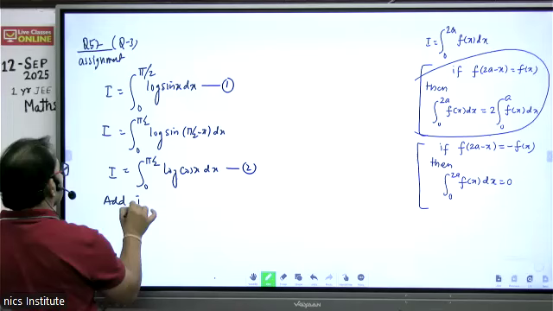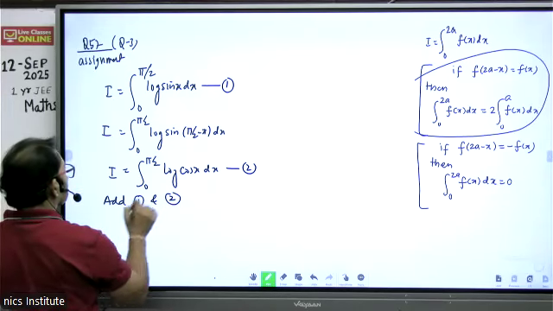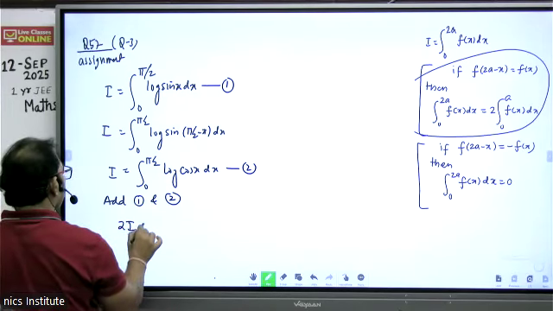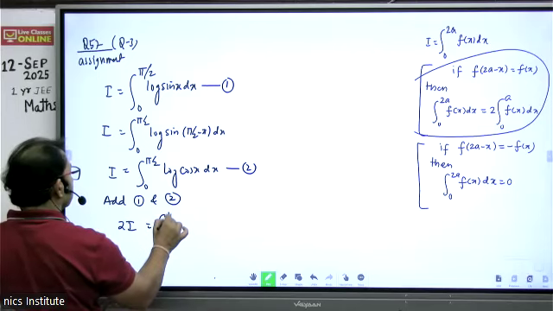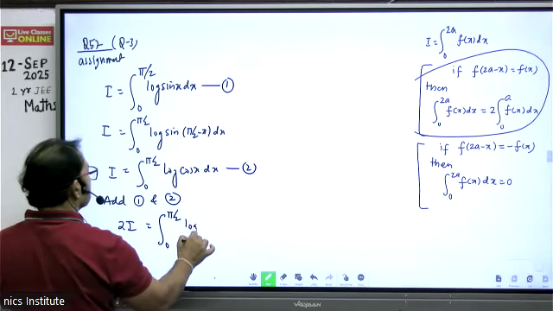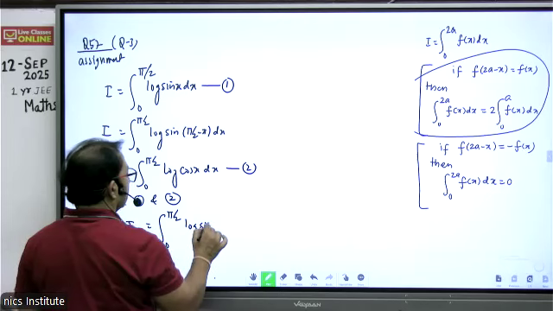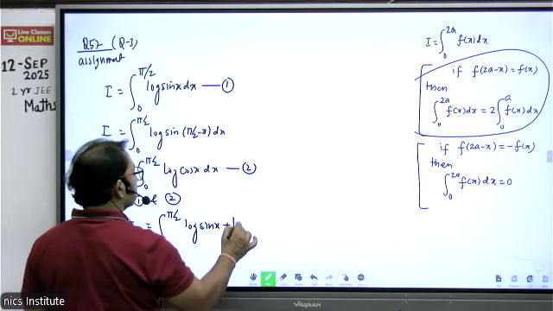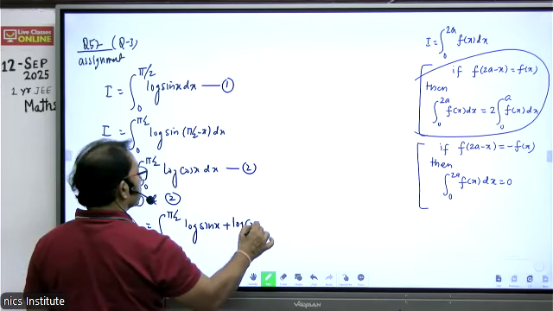Add 1 and 2. So left side would be 2I, and this would be 0 to pi by 2 log sin x plus log cos x.